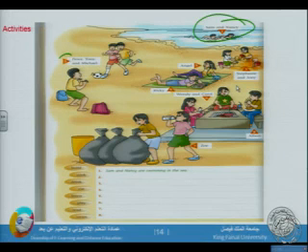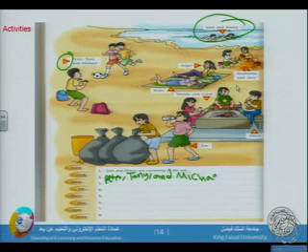Okay, if you go to number 2, right here, Peter, Tony, and Michael are playing.